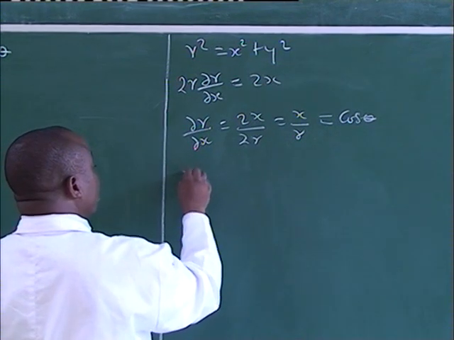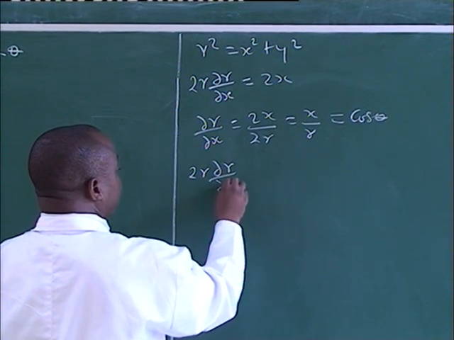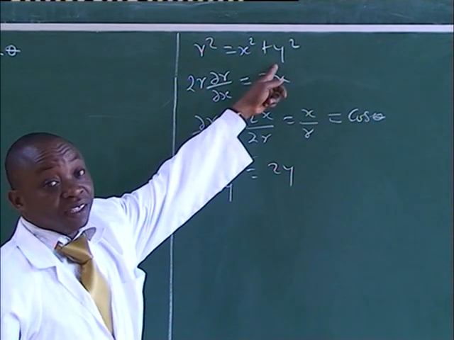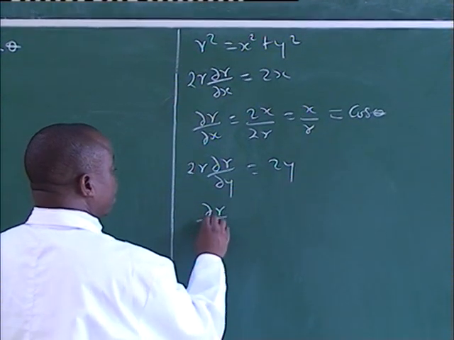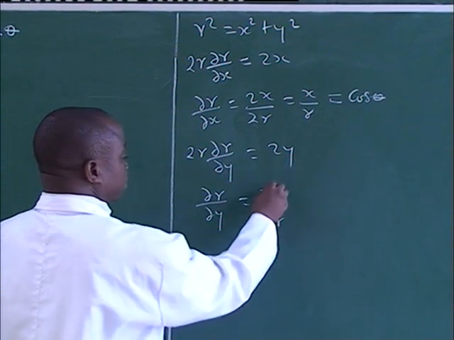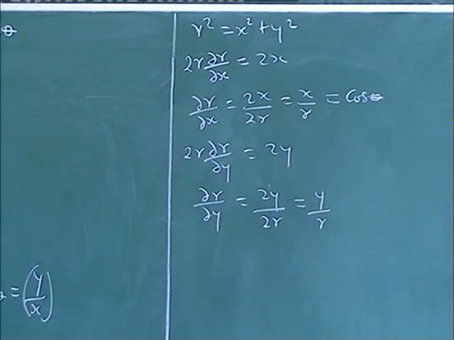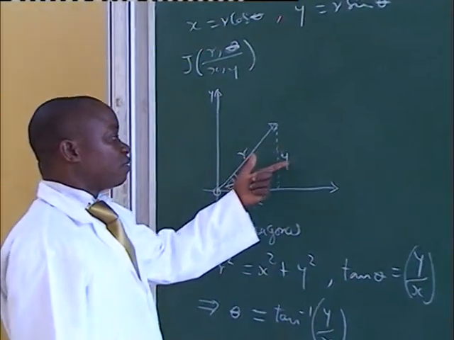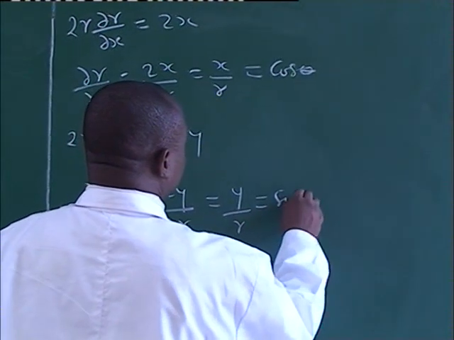We have 2r partial r partial y equal to 2y, differentiating with respect to y this time, not x. So partial r partial y is equal to y over 2r, which gives y over r. Now, what is y over r? From here, you see that sine theta is opposite over hypotenuse. So this is the same as sine theta.